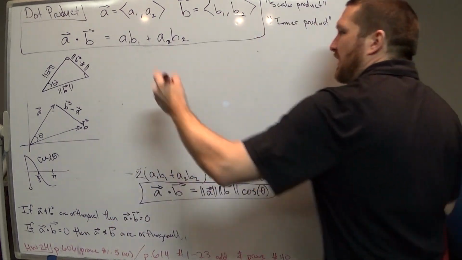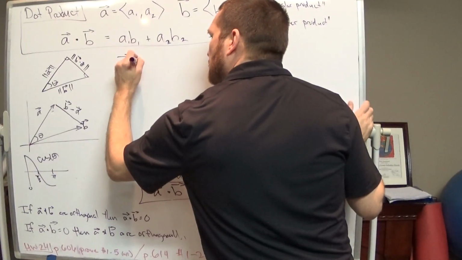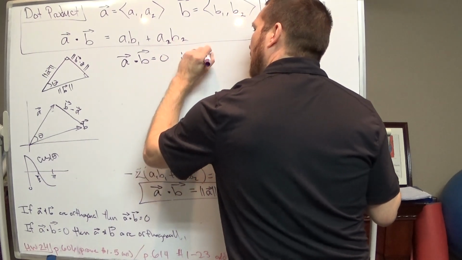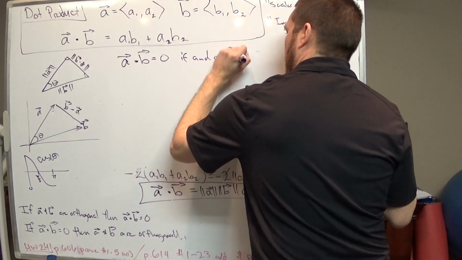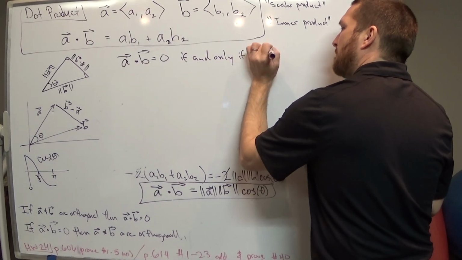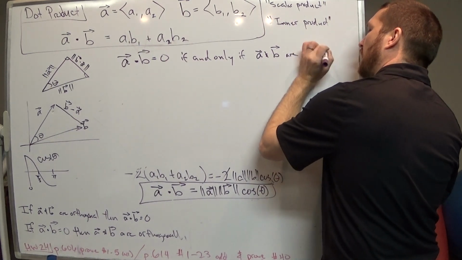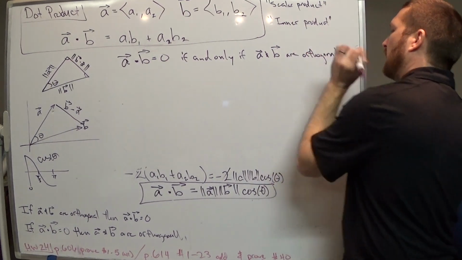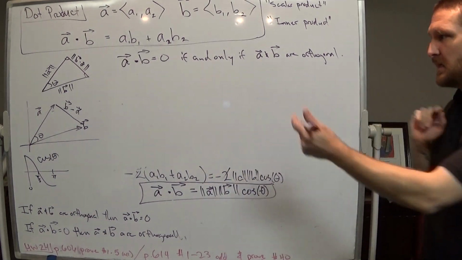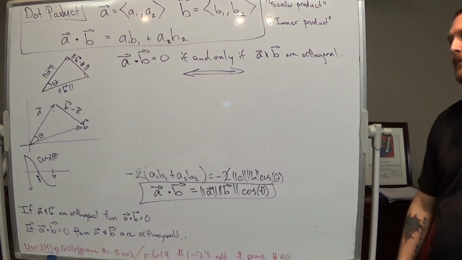Another way that we say that is: A dot B equals 0 if and only if A and B are orthogonal. That means the implication goes both ways.